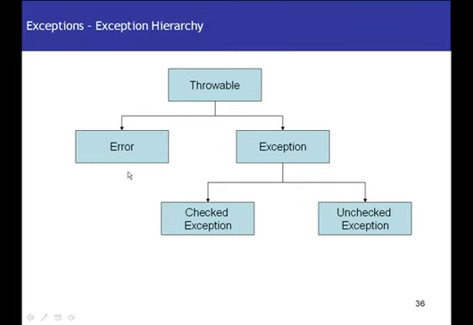You get an out of memory error when there is no more memory available to cater to your programs and files, right? This is something that you cannot control at all in your code. You can't do anything about an out of memory error from your code. So if it occurs, it simply occurs. There's no way you can handle that, right?